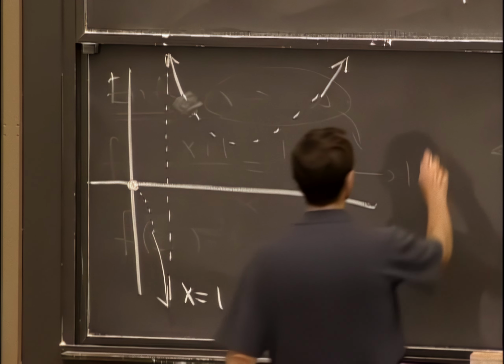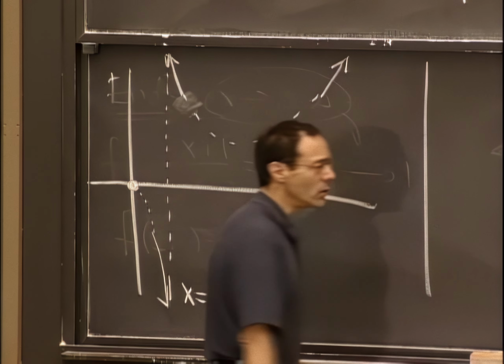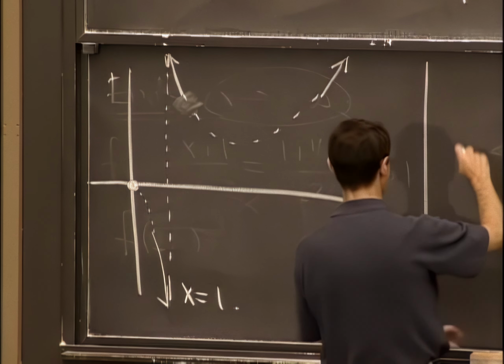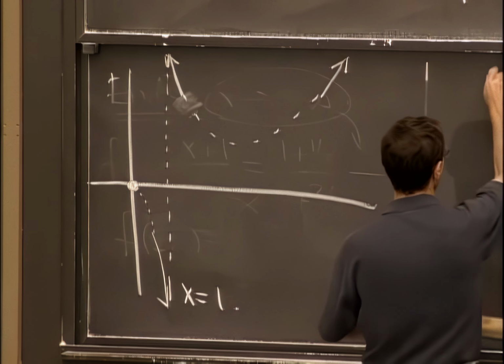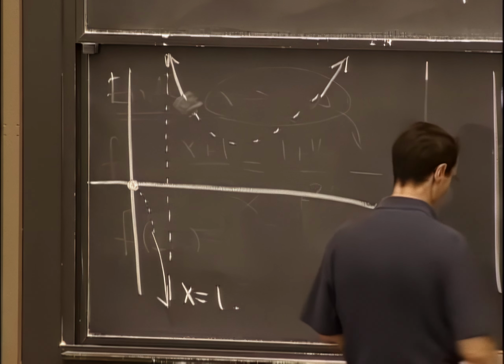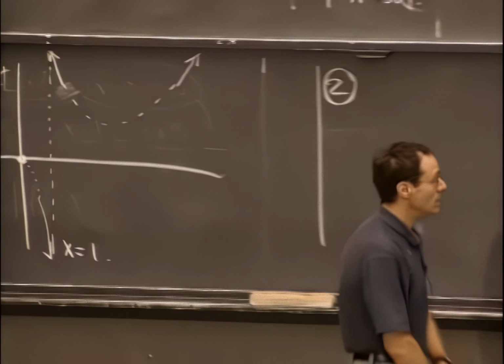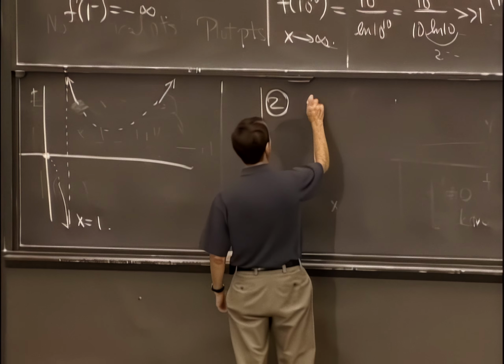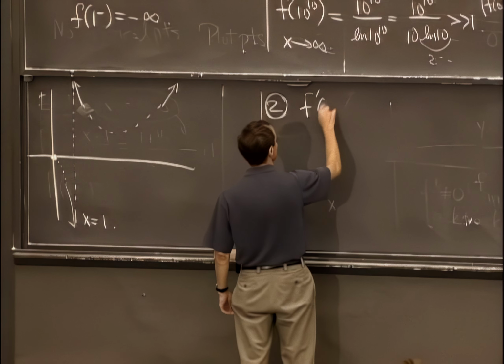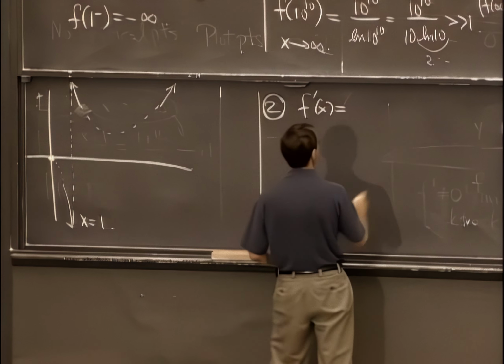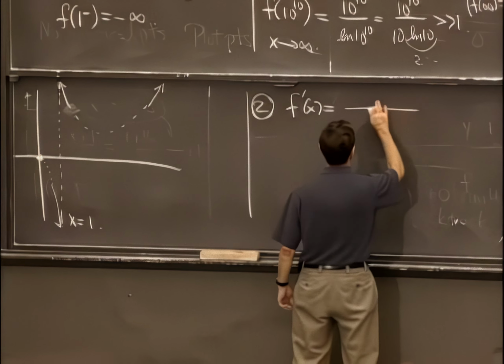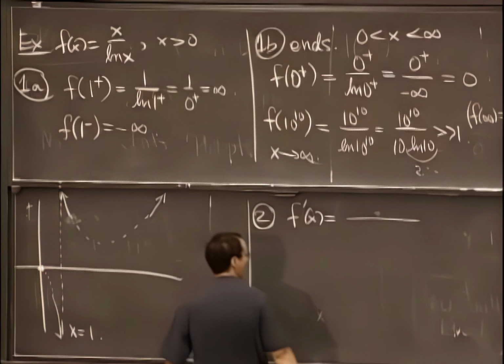So at this point, we can start looking at the critical points. We can do our step 2 here. I'll leave a little bit more room and see what's happening with this function. So I have to differentiate it, and this is the quotient rule. Remember, the function is up here, x divided by log x.